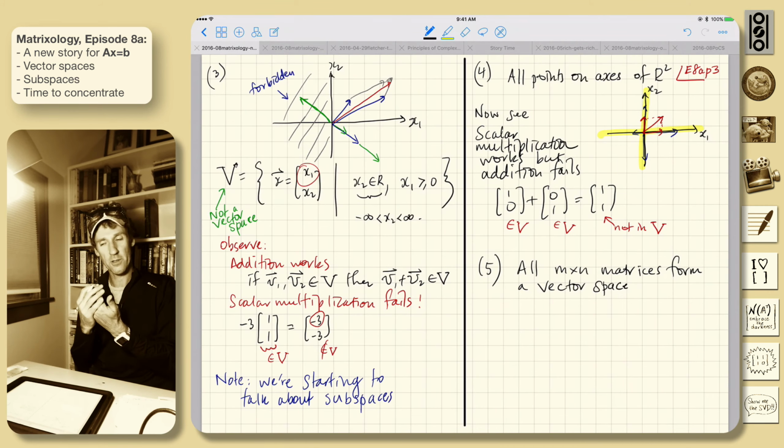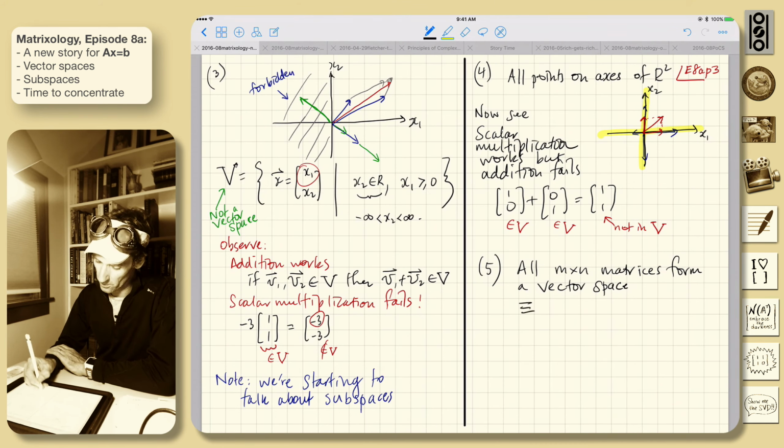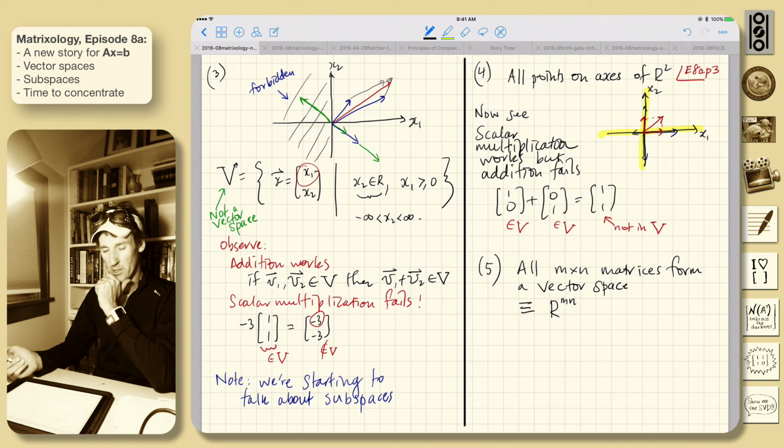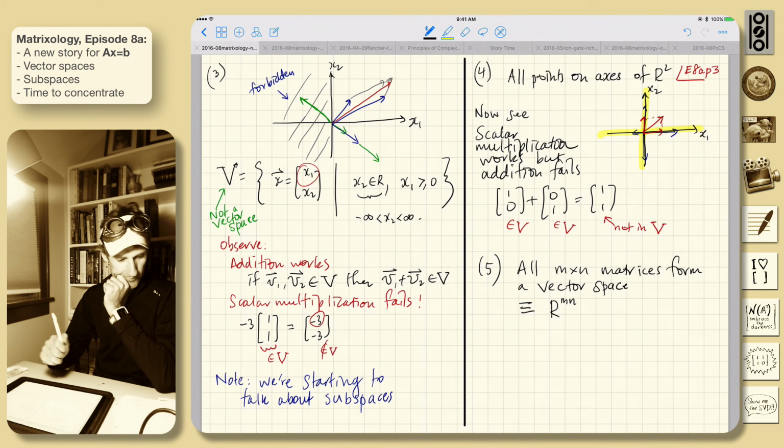Take one matrix and add it to another one, still there. Multiply by a number, still there. So that can be useful. We won't worry about it too much. It's really equivalent to R to the power of mn, which is potentially a very high dimensional space. Think about that one.